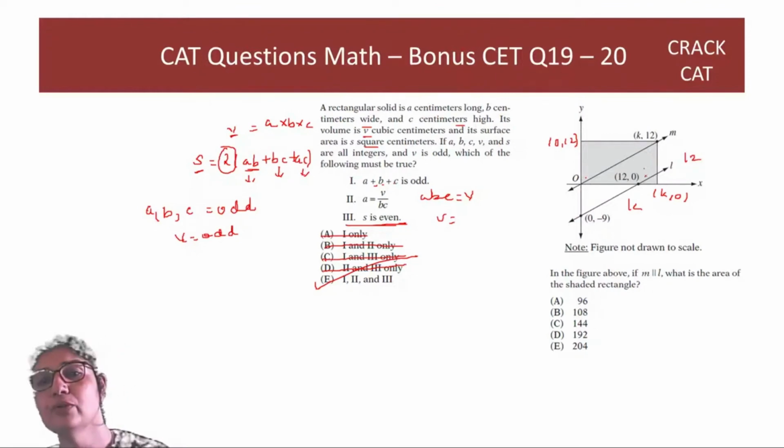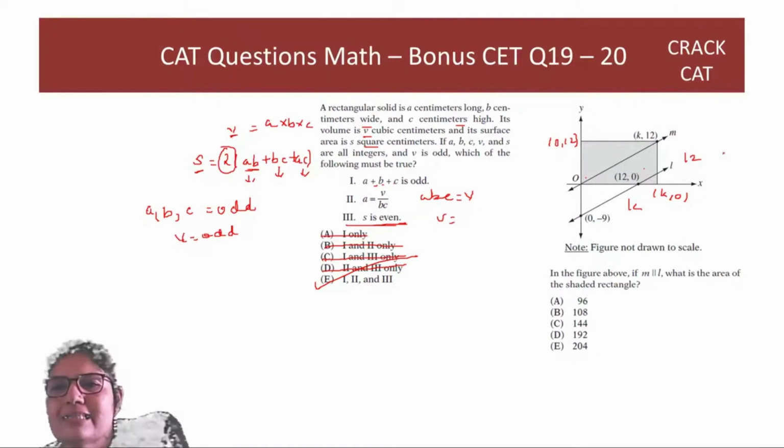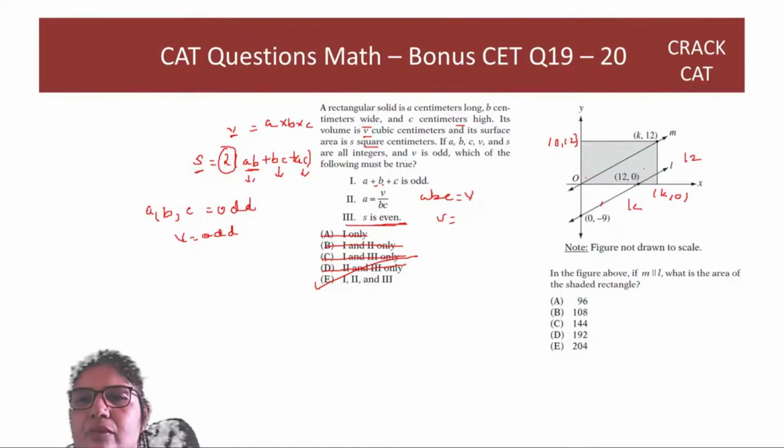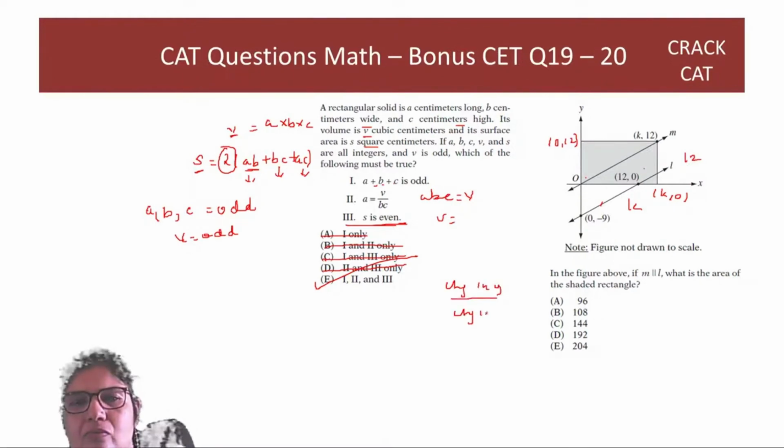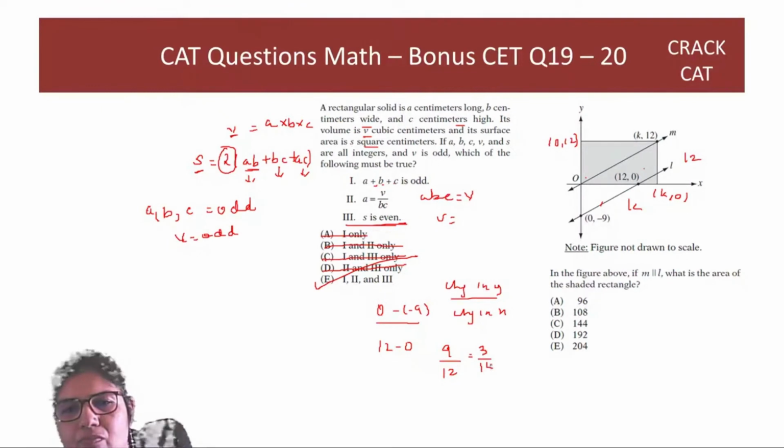So the first thing we have to do is find the slope of this line. So what is the slope? Slope is change in y over change in x. Right? So 0 minus of minus 9, which is the change in y, over 12 minus 0. So the slope is 3 by 4. So this one's slope will also be 3 by 4.